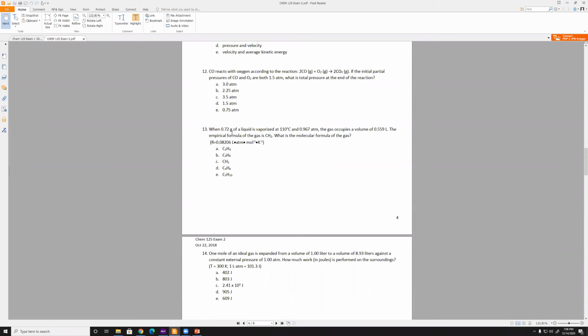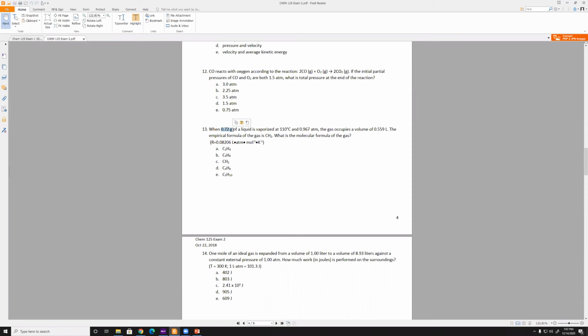And you have the empirical formula. So you can find the molar mass using n and the grams, since the grams divided by the molar mass equals n, you can solve for the molar mass.